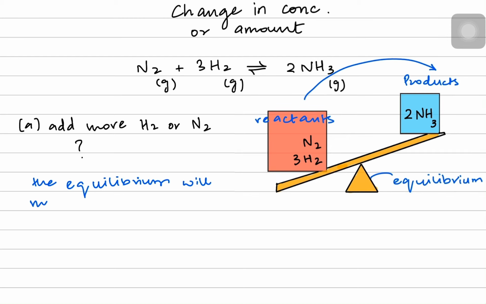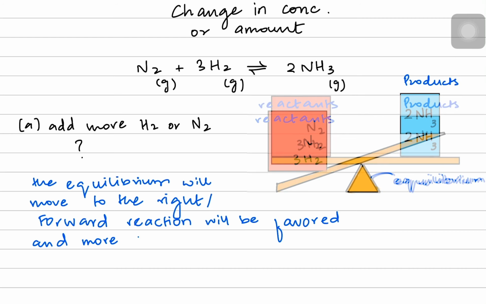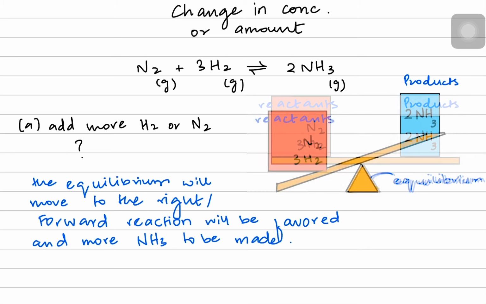It will move towards the right to produce more ammonia. When it's moving towards the right, you can say that the forward reaction is favored and the reverse reaction is not favored. As a result of the forward reaction, more ammonia will be produced, so the chemical equilibrium will regain stability.